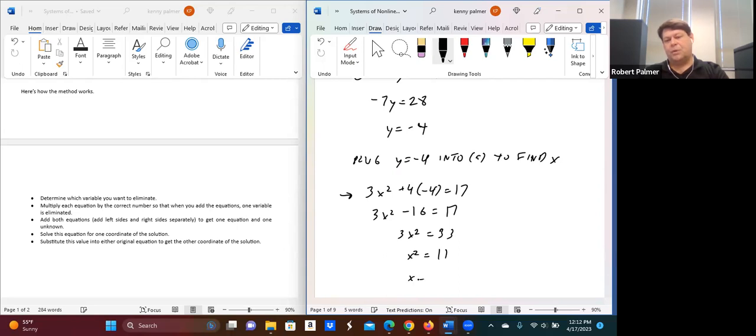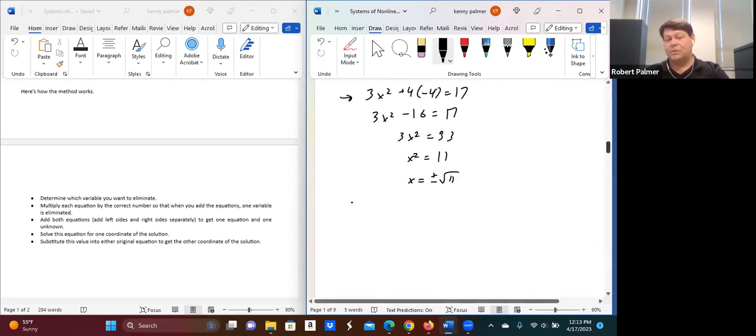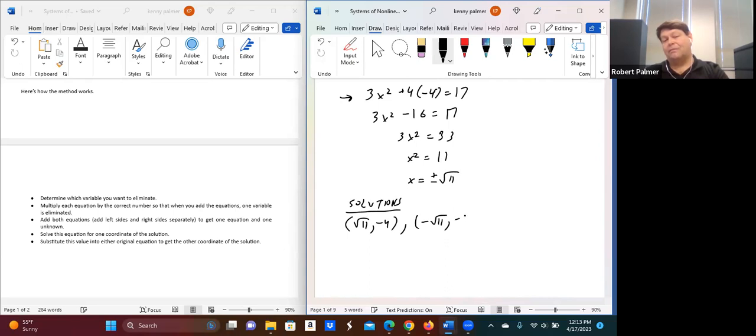Okay, then take the square root of both sides, and x is equal to plus or minus the square root of 11. And of course, the square root of 11 doesn't simplify. And so our solutions, we're going to have two solutions. One solution is the square root of 11 and negative 4. And the other solution is the negative square root of 11 and negative 4.